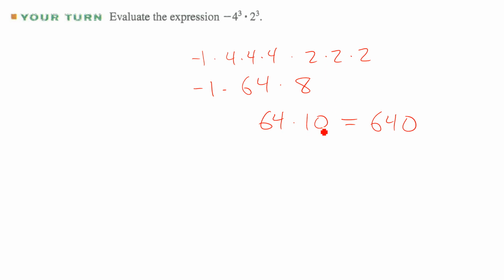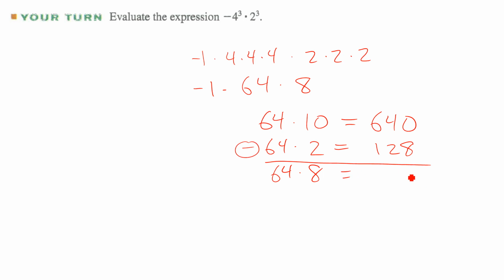But 10 is 2 more than 8. What's 64 times 2? Well, 60 times 2 is 120, and 4 times 2 is 8. So 64 times 8 would be 64 times 10 minus 64 times 2. So we take this away, 600, take this away, we're going to have 512 as our answer. And remember, there's a negative in front.